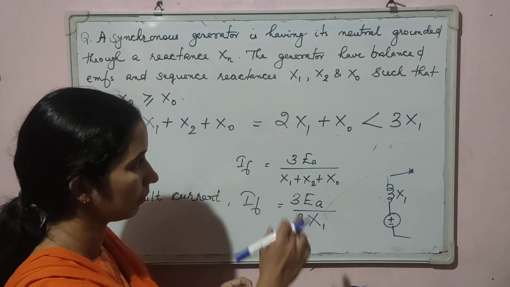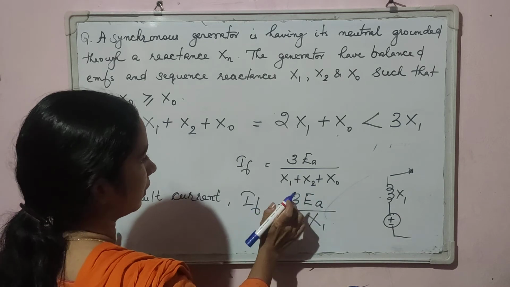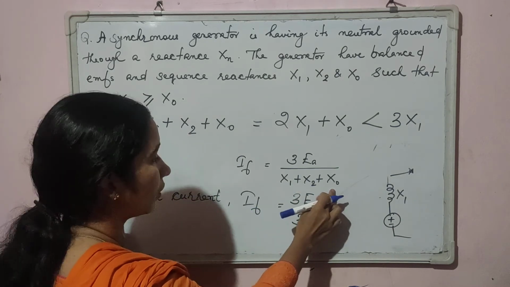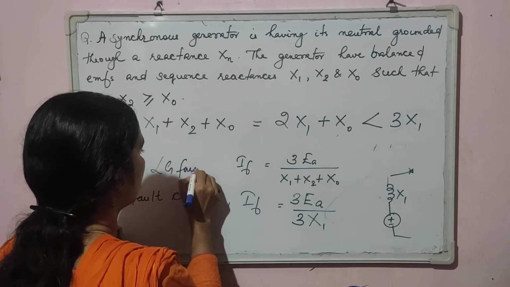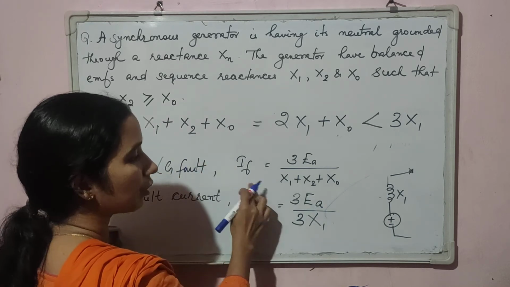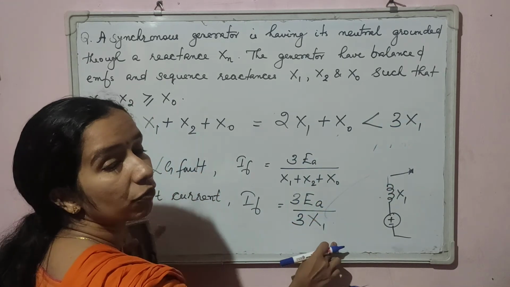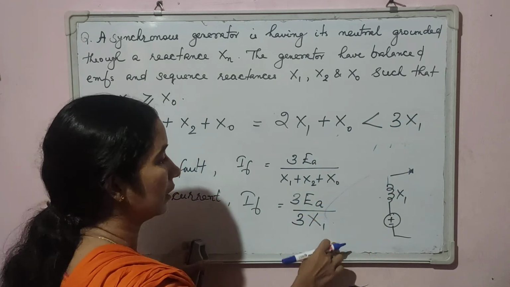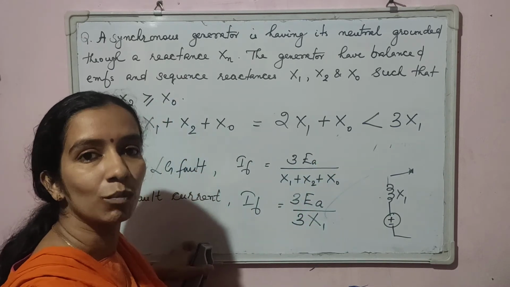So that means the denominator of the LG fault current is less than the denominator of the three-phase fault current. The denominator being less means the LG fault current would be more.